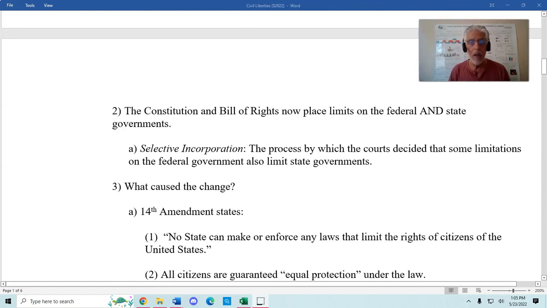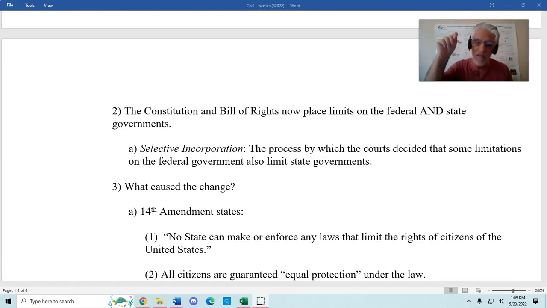But the Constitution and the Bill of Rights now places limits on the federal government and state governments. Even though it says Congress shall make no law and lists everything that Congress can't do, it might as well read now, today in 2022, "Congress and state legislatures may not."